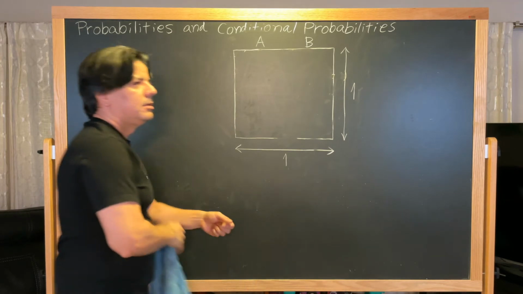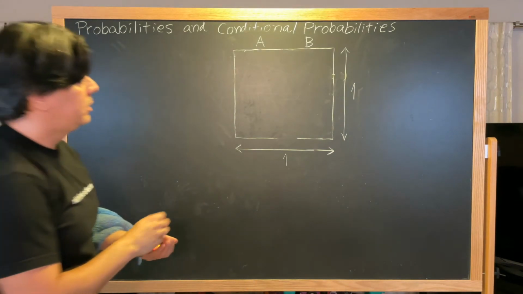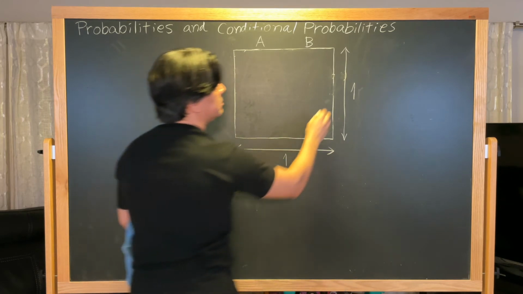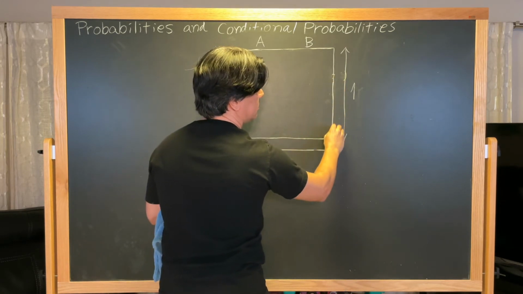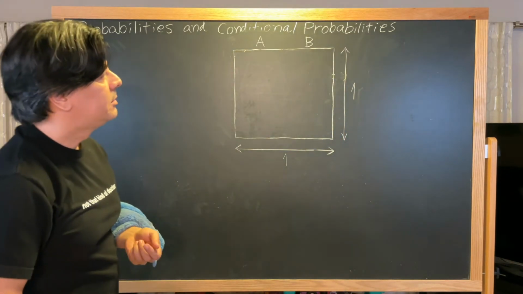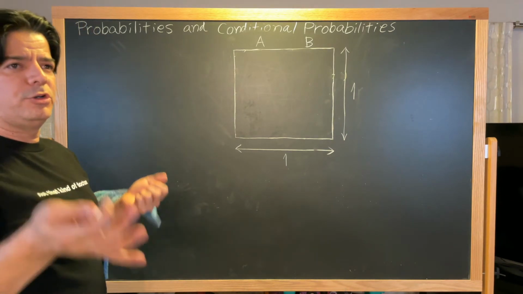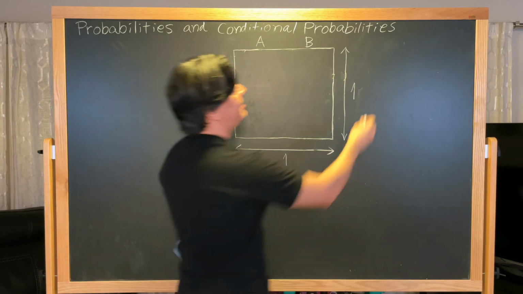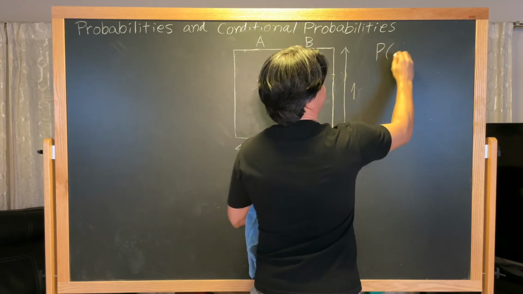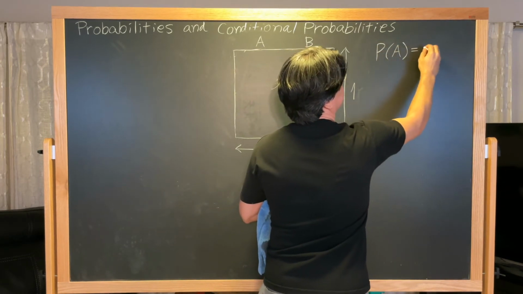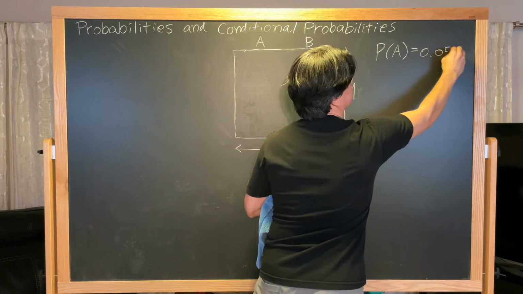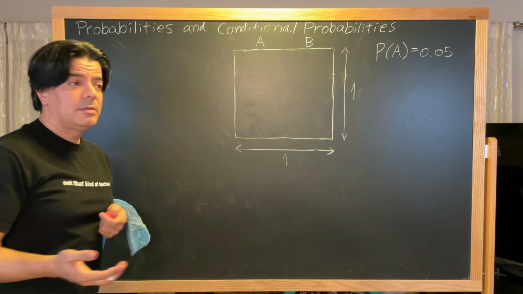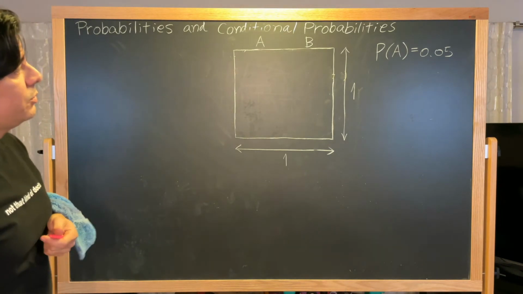Now, let's say that it is known that about 5% of the population are allergic to cat hair. So I'm going to call this event, being allergic to cats, A for allergic. So the probability of being allergic is 5%. Great. And there's a test that you can run, which is pretty accurate.